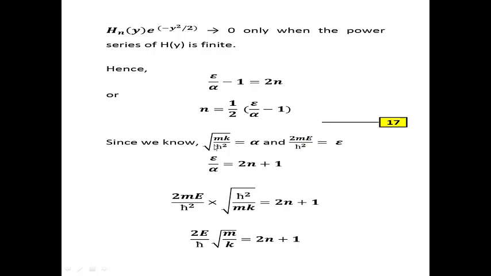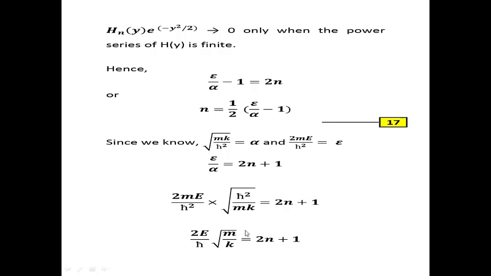Substituting those values into this equation, we get 2me, because epsilon is equal to 2me by h cross square, and alpha is equal to root of mk by h cross square. Writing in reverse, we get the term equal to 2n plus 1. Otherwise, with manipulation, I get the final term 2E by h cross times root of m by k equal to 2n plus 1.